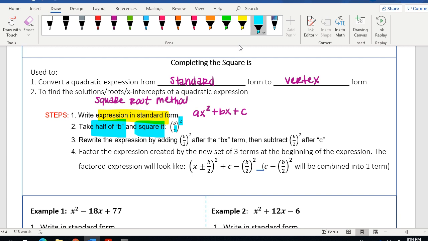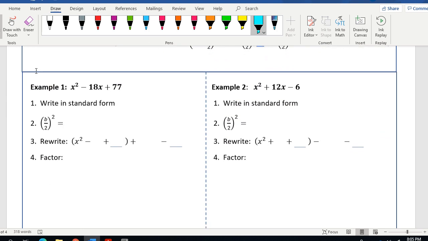I'm going to rewrite the expression by adding this number that I get after the bx term and then taking the same number and subtracting it after the c term. All right, and the reason that we have to do this is I have to keep the same expression. So as long as I'm adding the same number and subtracting the same number, I am equaling out at 0.